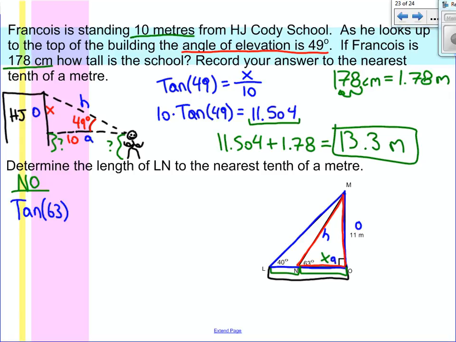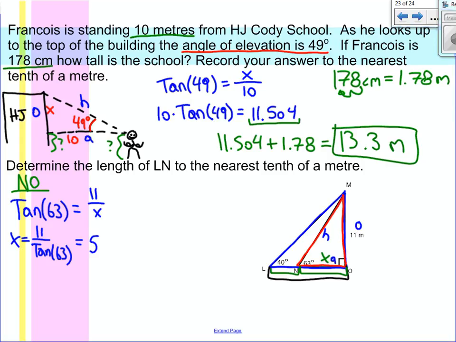We have to switch spots. If we put that in our calculator, we'll get that N to O is 5.605. So that's from N to O.